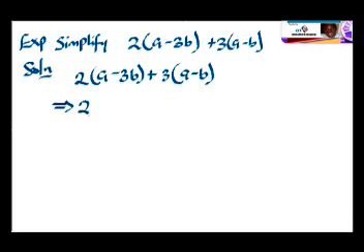so I have 2a minus 6b. Remember, it multiplies it to give 2a. 2 times minus 3b will give minus 6b, and plus 3 multiply a will give us plus 3a, plus 3 multiply minus b will give you minus 3b.